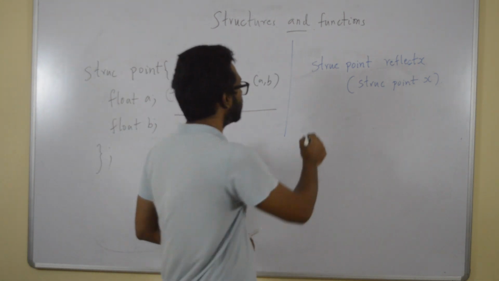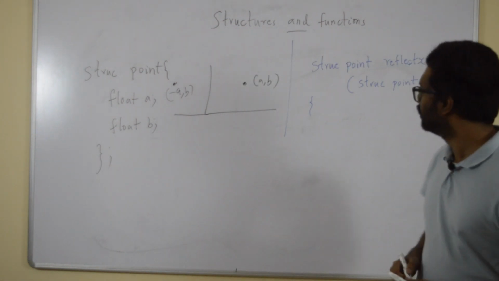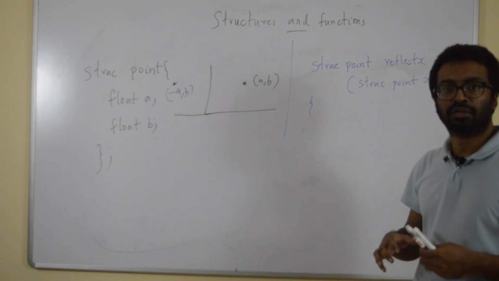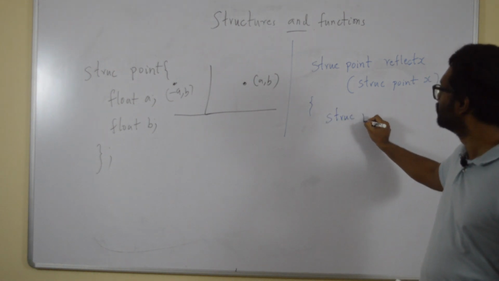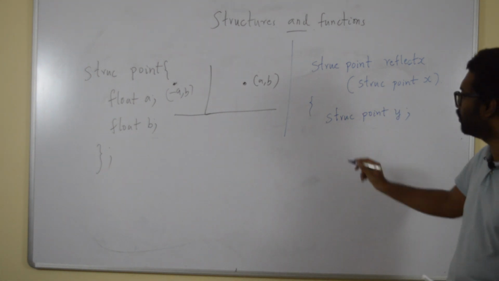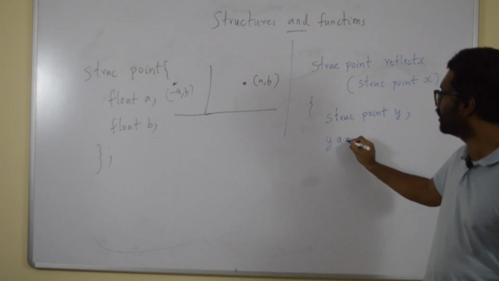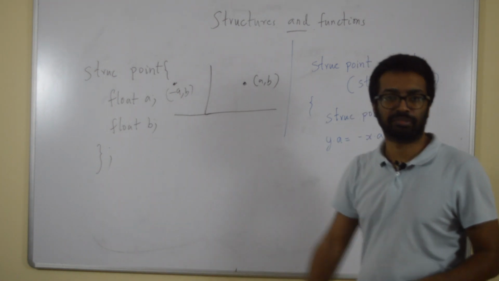Now I need to return a structure, and for that I first have to declare a variable y. I am going to write y dot a is equal to minus x dot a, because that's what happens when you reflect.